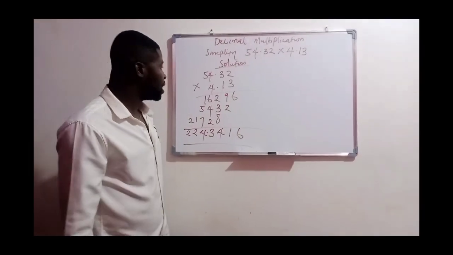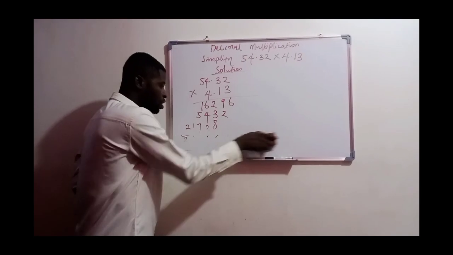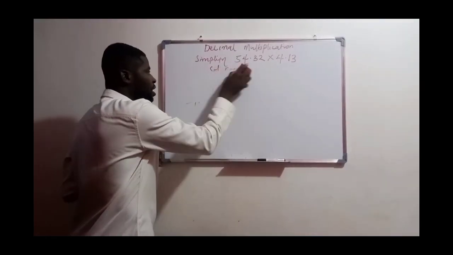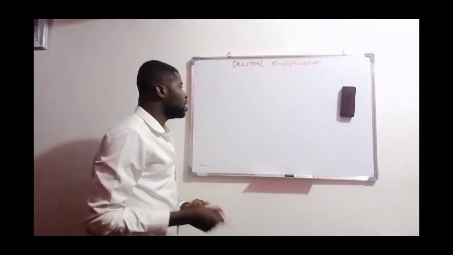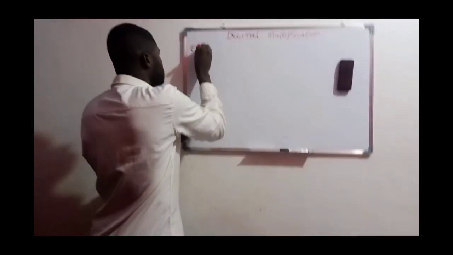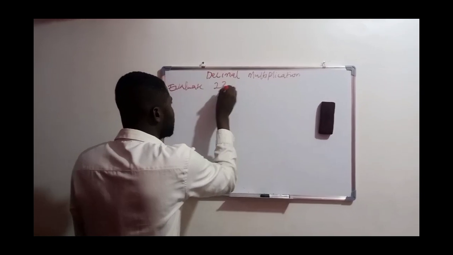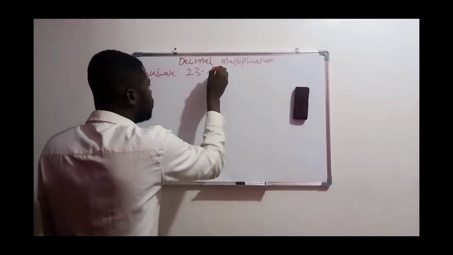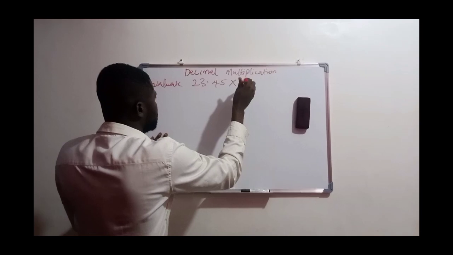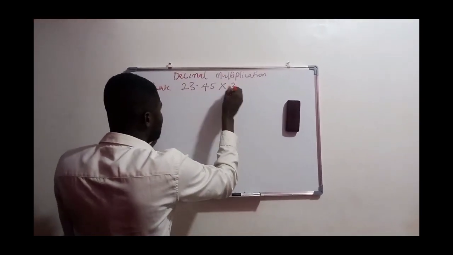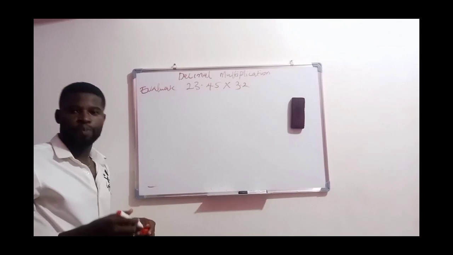Now let us pick another example under decimal multiplication. Let's say evaluate 23.45 by 3.2.